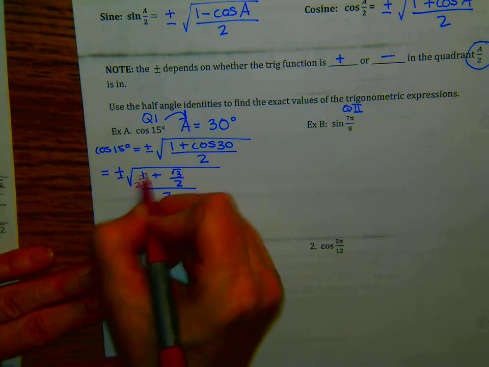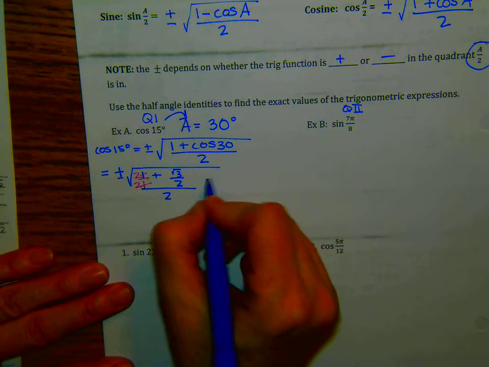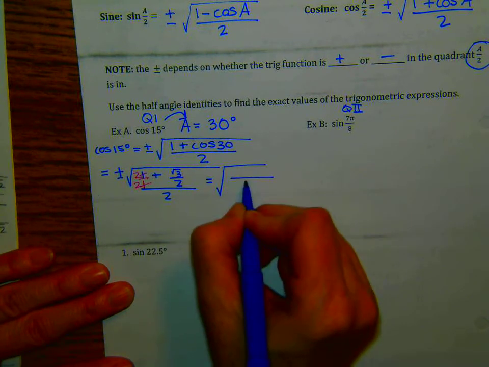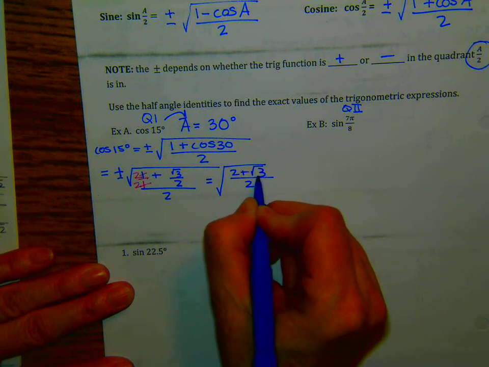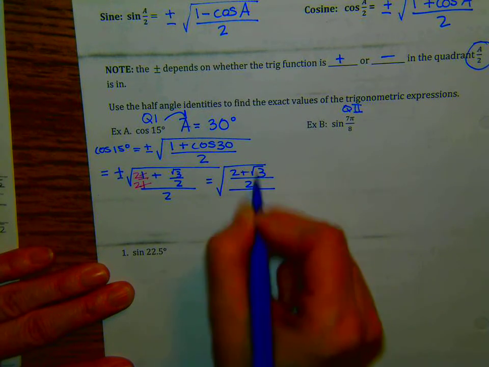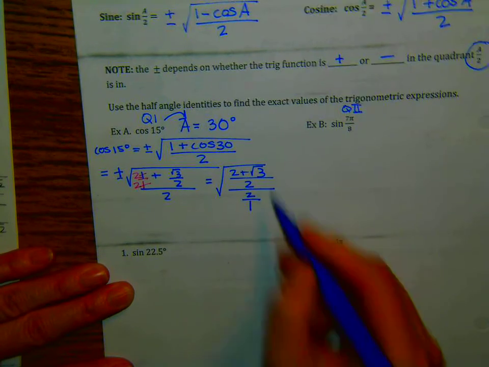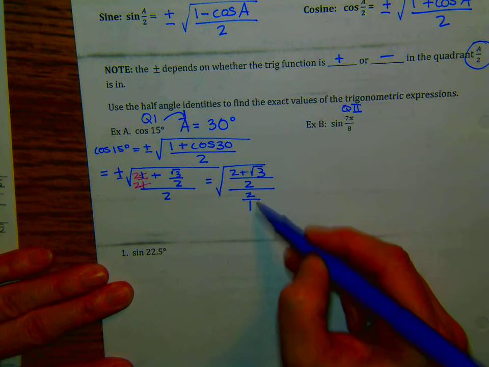This becomes a 2, this becomes a 2. So now I have a common denominator, and this is 2 plus radical 3 in the numerator, all over 2. When I am working with fractions like this, I like to keep this a fraction and this a fraction, so I put it over 1.